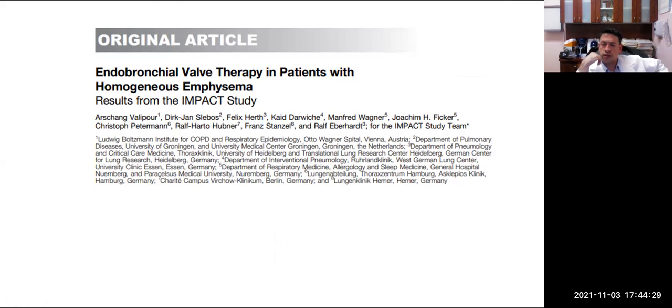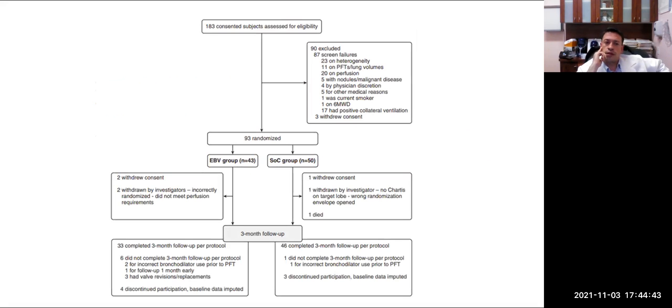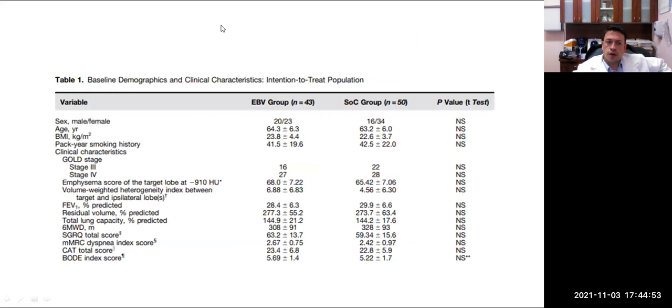I want to show you a trial. This is actually only one trial which was done. So I always tell my patients that everything that we know and whatever I tell you is based on one clinical trial. It's called the IMPACT trial, and this trial consisted of 93 patients with a one-to-one randomization. These were homogeneous patients.